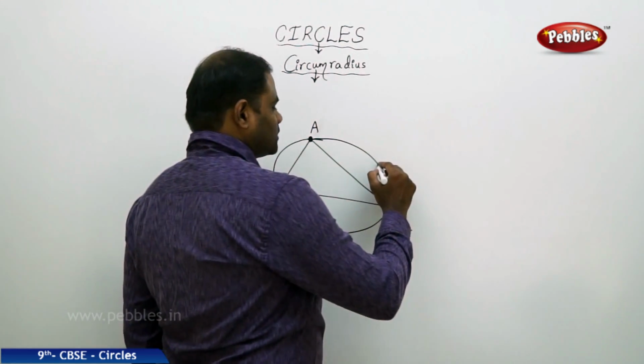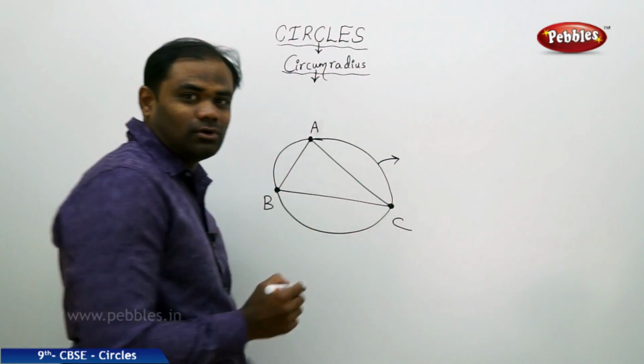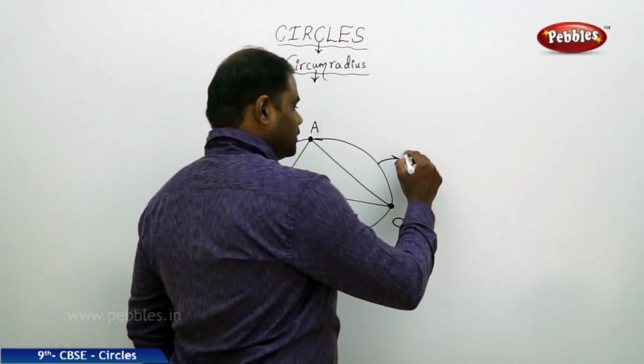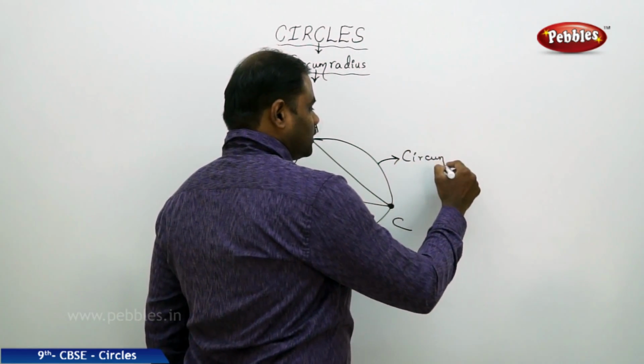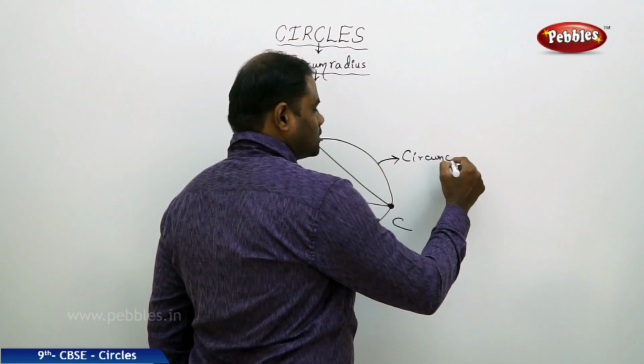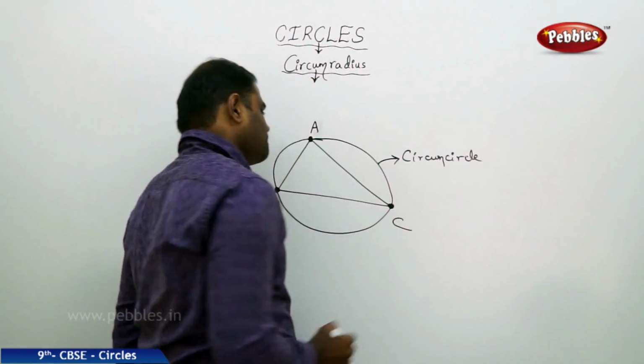And clearly we know that such a circle which passes through all the 3 vertices of the triangle is what we define as circumcircle.